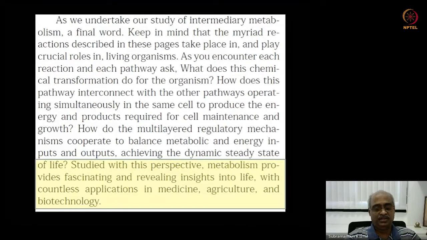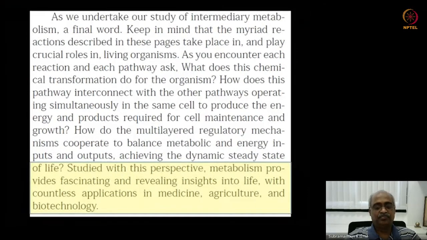For example, the catabolic pathways are convergent, anabolic pathways are divergent. And then we saw 5 major common types of chemical reactions: oxidation, reduction, carbon-carbon bond formation or breakdown, like aldol condensation, then isomerization, internal rearrangement, and group transfer, free radical, and so on.